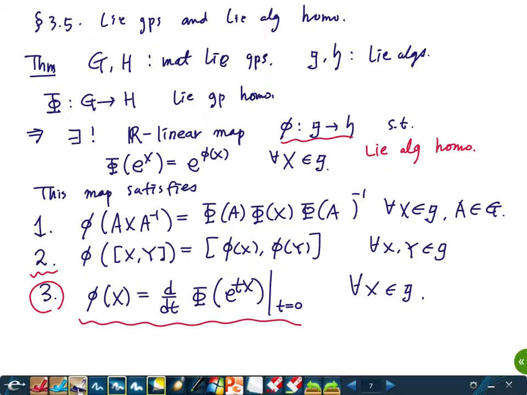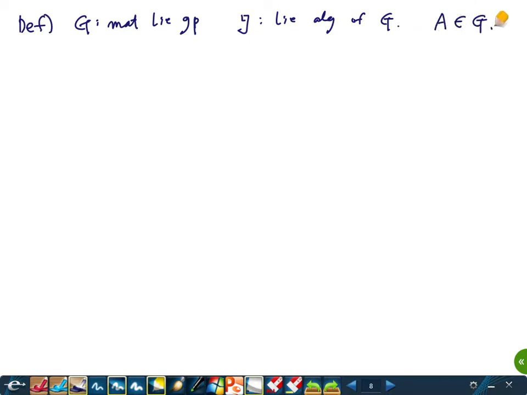All right. Now I'm going to define a special map on 𝔤 related to this Lie group, which is quite similar to what we have seen. So G is a matrix Lie group as before, and 𝔤 is the Lie algebra of G. And let's say A is an element in the Lie group.